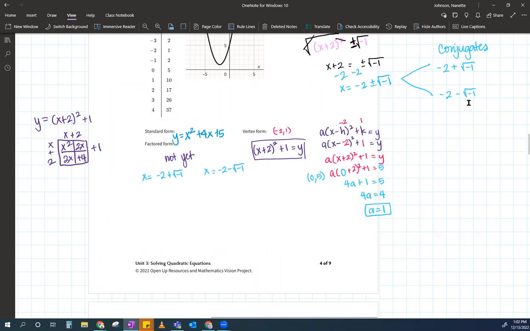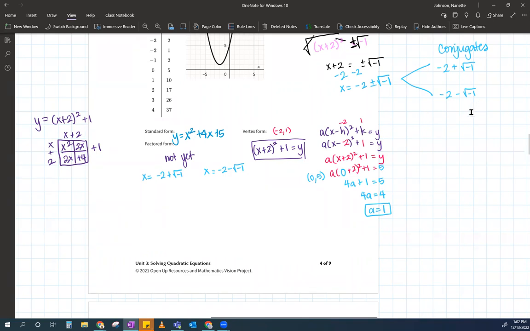Very good. The difference is this plus and the minus. What's the same? Man, you guys are on it today. Very good. The numbers are the same: -2 and the square root of -1.